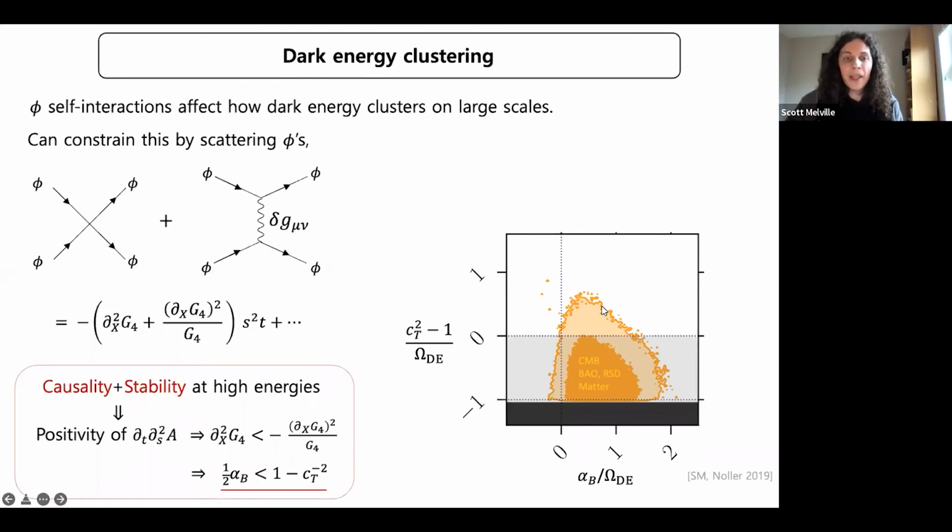Good. But then we can do a bit better because we can also scatter phi with phi. And again, we'll get some amplitude that now depends on s squared t. And so we can use that second positivity bound that relates this coefficient. Good. And so now the second derivative of G4 is bounded in terms of the first derivative.